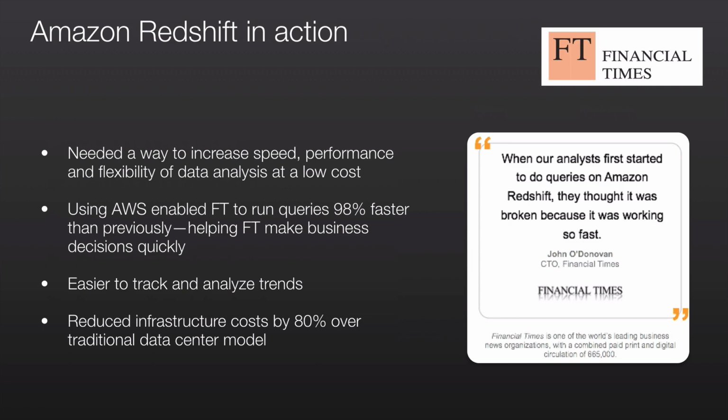They then ran this system in parallel with their pre-existing warehousing solution, and they verified that the queries were performing quickly. They were just performing extremely fast because of some of those optimization techniques that I talked about a few minutes ago. They're also able to reduce their infrastructure costs by over 80% in comparison to a traditional data center based model. So real strong success story for the FT. And at the end of the session, we'll show you a link where you can learn more about this case study and also other customers that have chosen to run data warehouses on Amazon Redshift.